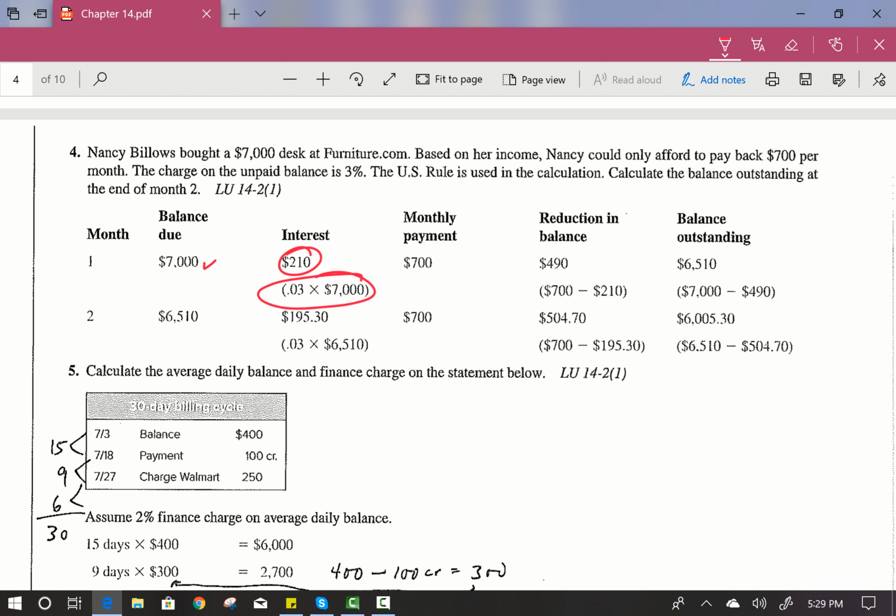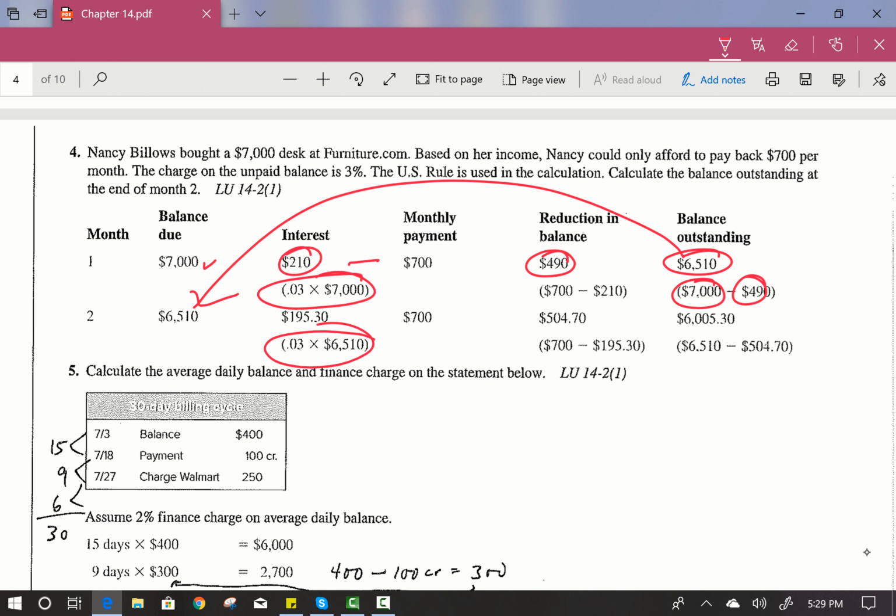Well, we are going to subtract the interest from the monthly payment to give the reduction in the balance of $490, then subtract $490 from the beginning balance of $7,000 to give us $6,510. Then we're going to take $6,510 and go to the next month and take 3% of it, which is $195.30.